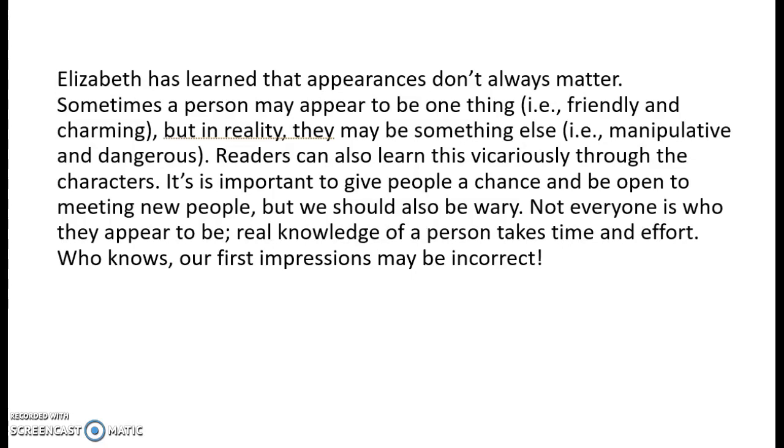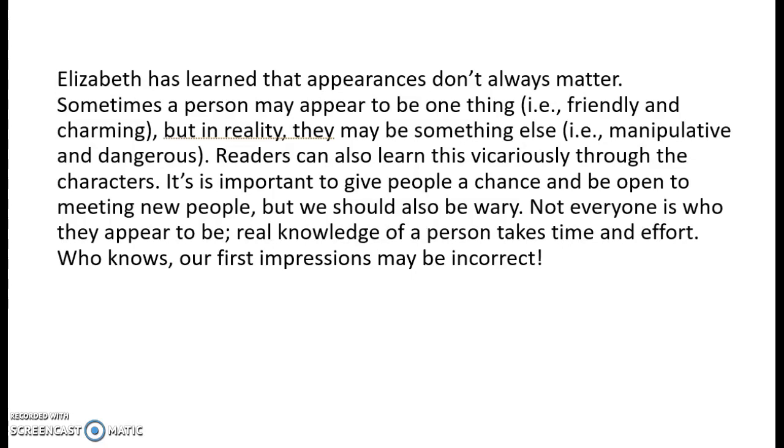Readers can learn this vicariously through the characters. It is important to give people a chance and to be open to meeting new people, but we should also be wary. Not everyone is who they appear to be. Real knowledge of a person takes time and effort. Who knows? Our first impressions may be incorrect.